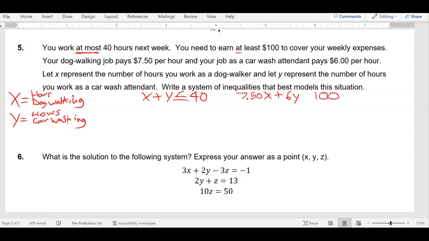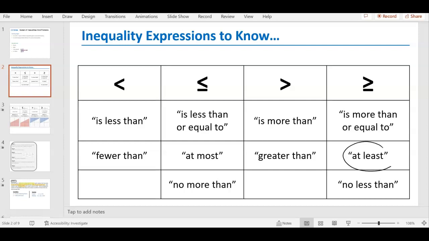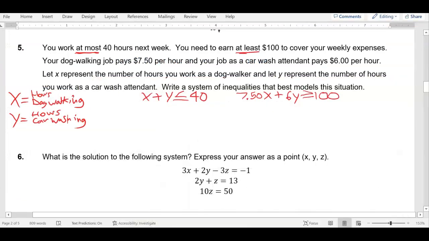We're trying to do at least $100. So the very least is 100. That means it can be greater than, and if it's at least, then that means it can equal 100. Back to our notes, at least can be greater than or equal to, and that's what we got, okay?